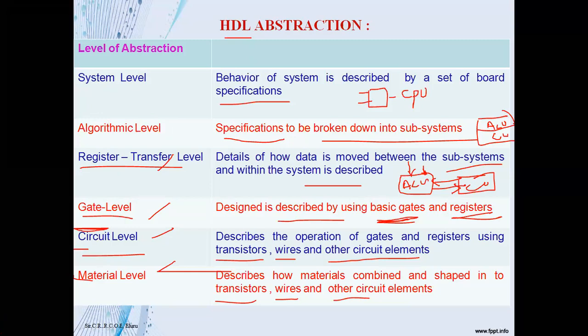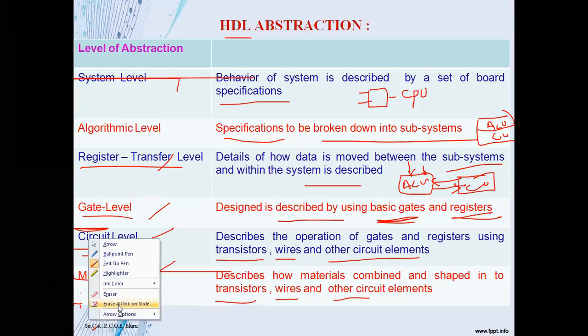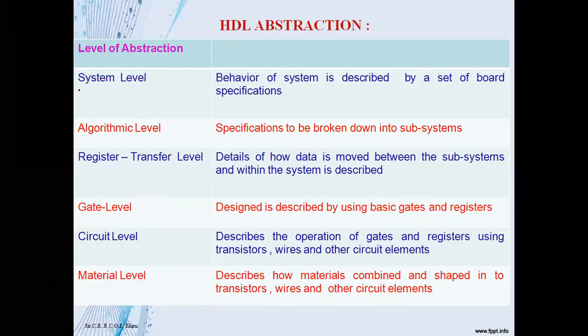Why I am stressing these levels of abstraction is that it helps you understand the hierarchy of the designing process. Let's see here, what is the top level of the design? The top level of the design is the system level, because there is a hierarchy here.